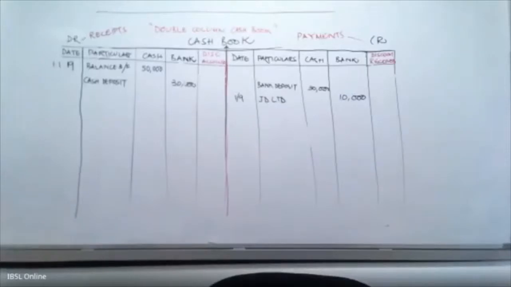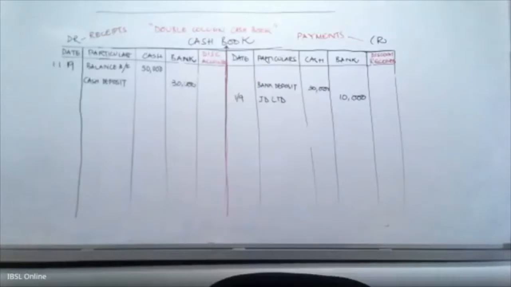Then the second transaction, they say on 2nd September, rupees 12,000 received by check from Madurai. Now what is happening? You are receiving money from one of your debtors. And how is this person giving it to you?